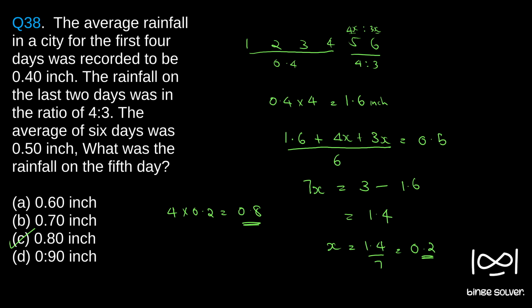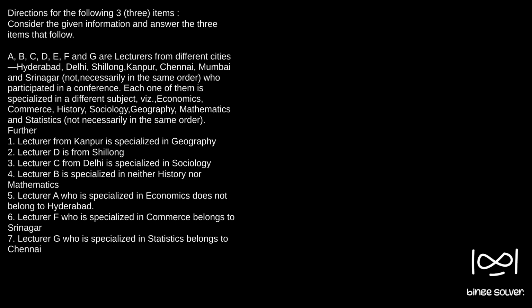Next question, question 39. Directions for the following 3 items. Consider the given information and answer the 3 items that follow. There is a big paragraph. A, B, C, D, E, F, G are lecturers from different cities: Hyderabad, Delhi, Shillong, Kanpur, Chennai, Mumbai, and Srinagar, not necessarily in the same order, who participated in a conference.